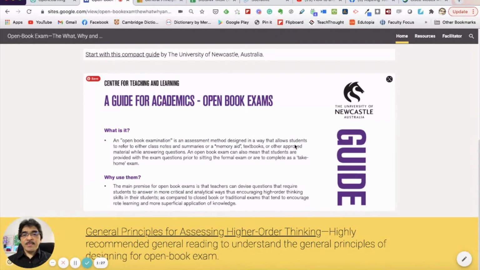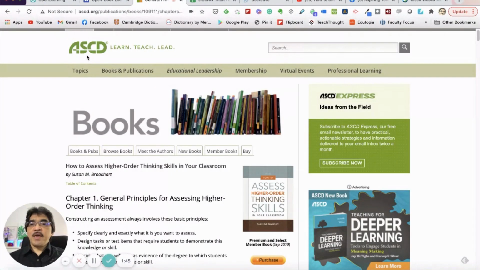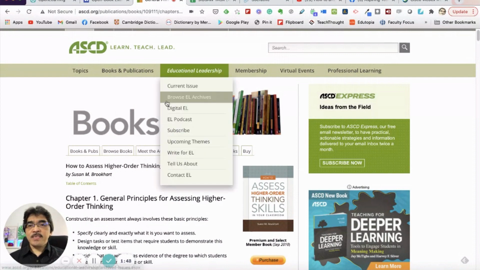And also there is perhaps a good general article which is actually taken from chapter 1 of a book. This one is General Principles for Assessing Higher Order Thinking Skill, and this is taken from the ASCD website.